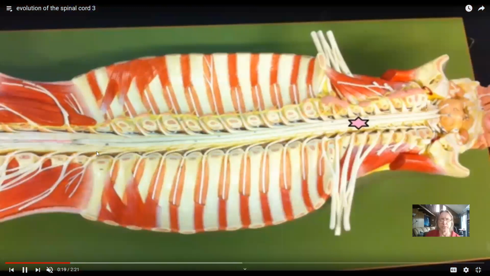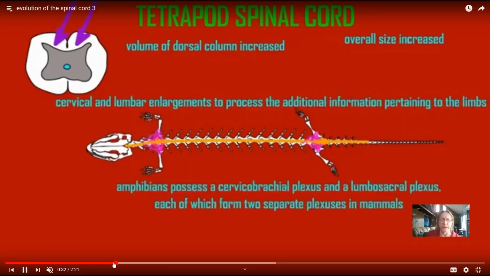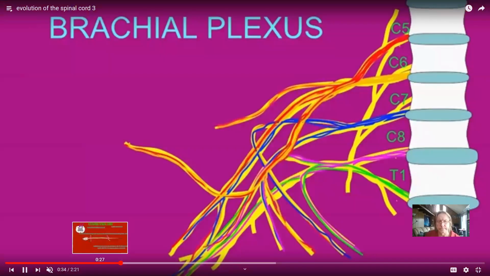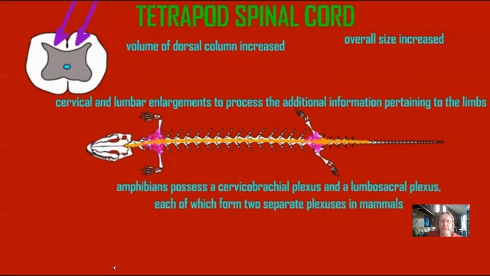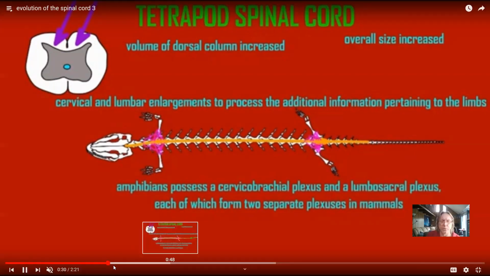So there's a cervical enlargement, for example, in humans. There is both a cervico-brachial plexus, which later will get divided into two separate cervical and brachial plexuses, and then a lumbosacral plexus, which will form, once again, two separate plexuses, the lumbar plexus and sacral plexus, in mammals.